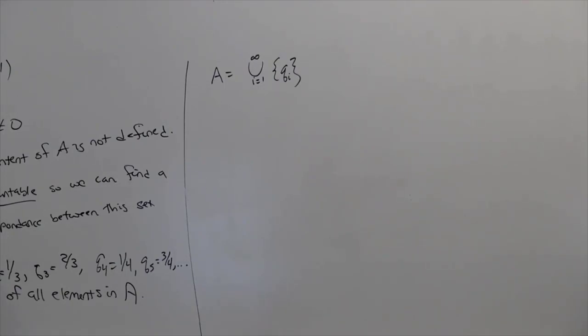If I had to do this with finitely many intervals, I'm going to end up covering the whole interval from 0 to 1, because if I leave out any little subinterval of it, there's always rationals in there. But I don't have to use finitely many intervals. I can use infinitely many intervals, and that's what I'm going to do.